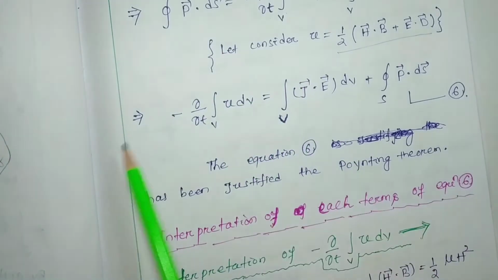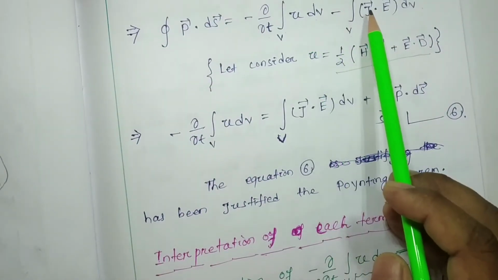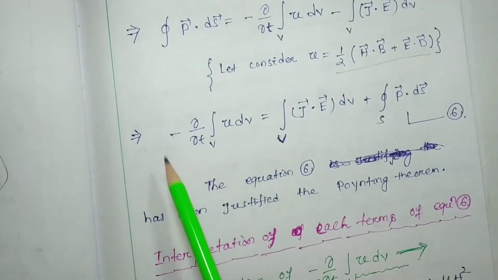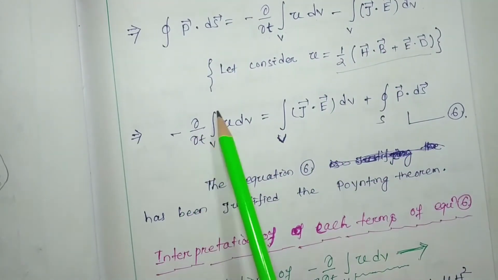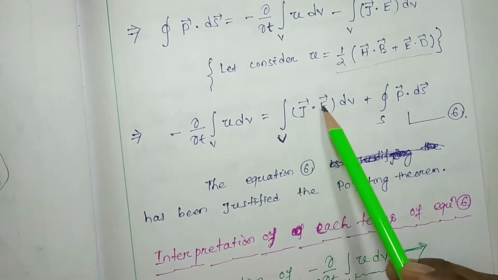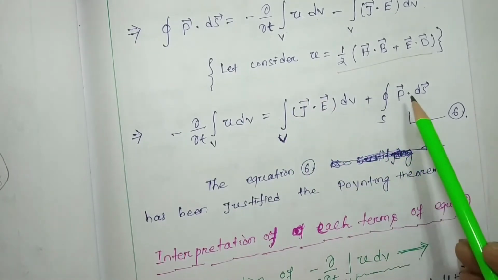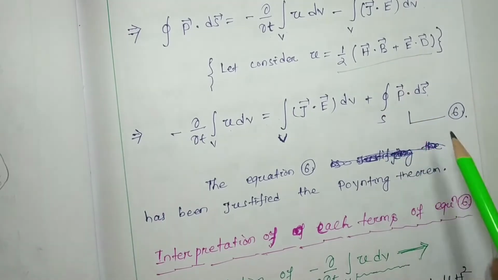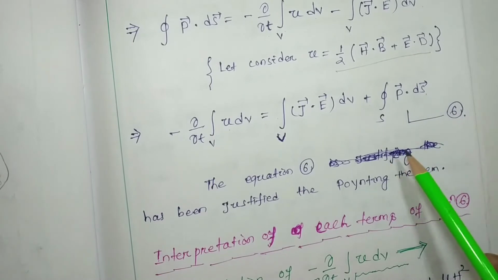So if I take this term to this side, then it can be written as minus del by del t of the volume integration of u is equal to the volume integration of J dot E plus the surface integration of P dot dS. This is your equation number 6.